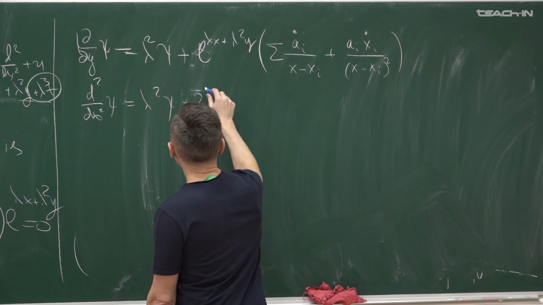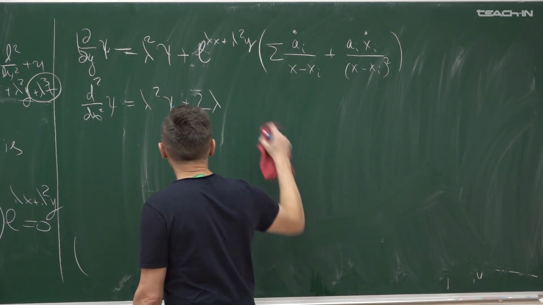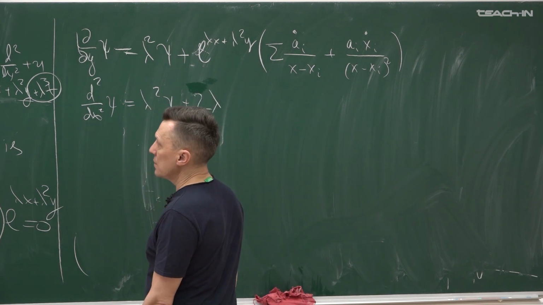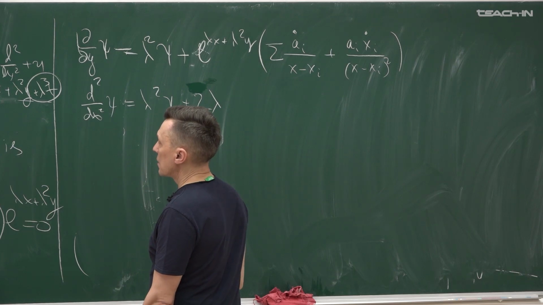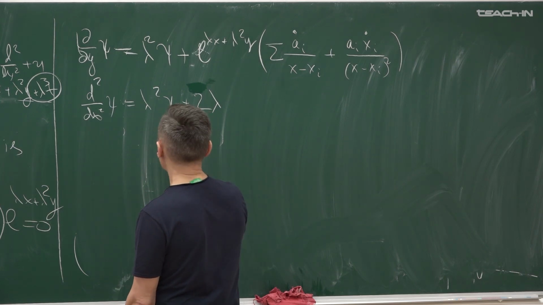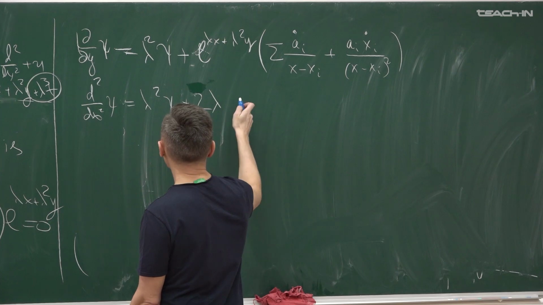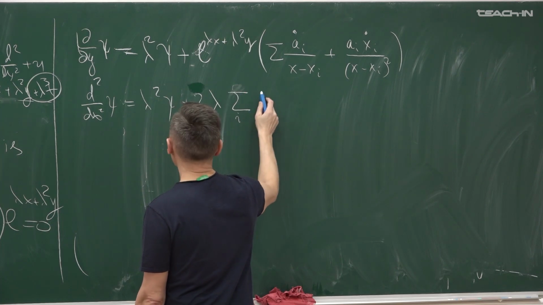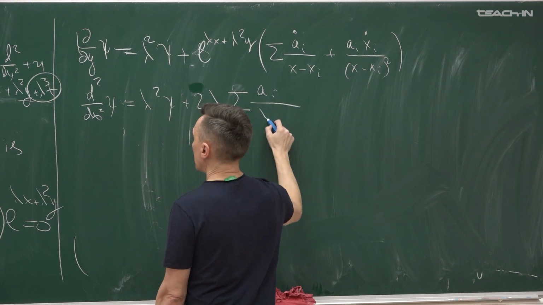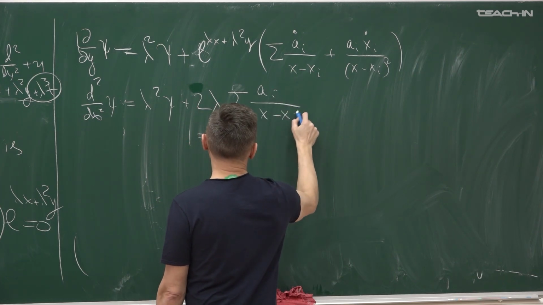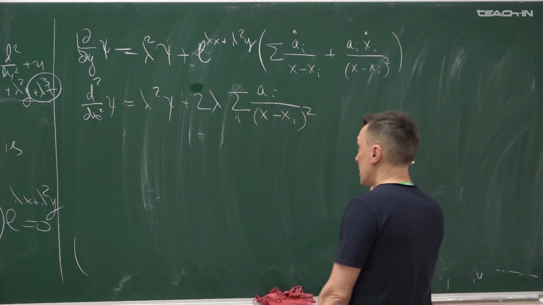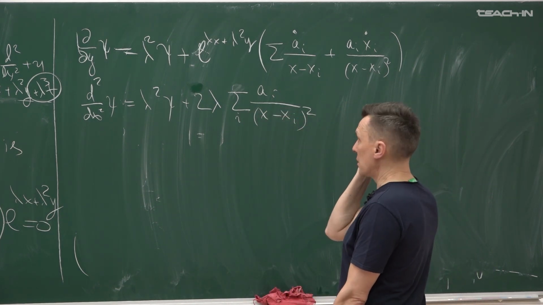So it is 2 lambda, the sum of ai over x minus xi square, and that's all, and minus.